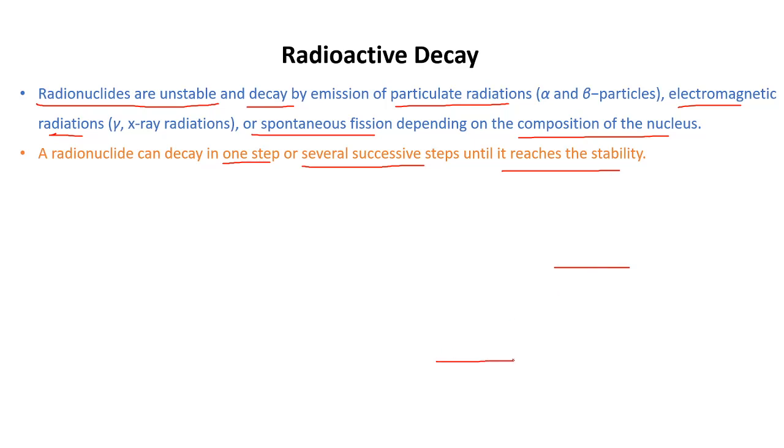It can get to a stable state in a single step, or through subsequent steps, through beta minus here, then one gamma, another gamma. So it can be a series of steps to get to a stable state, or a single step. So the decay process can be a single step or multi-step until it reaches stability.